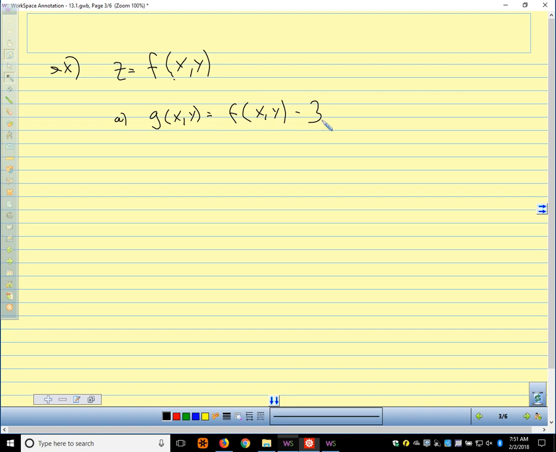That's going to shift it 3 units down. So whatever the graph looks like, g would be shifted down 3 units from the graph of f, and by down, I mean in the negative z direction.